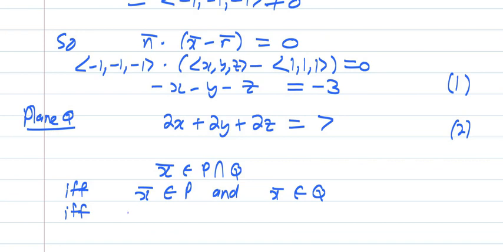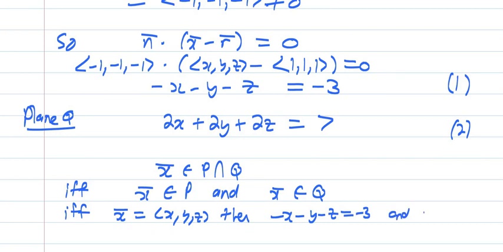So that means that if vector x is of the form x, y, z, then minus x minus y minus z is equal to minus 3, and 2x plus 2y plus 2z is equal to 7.